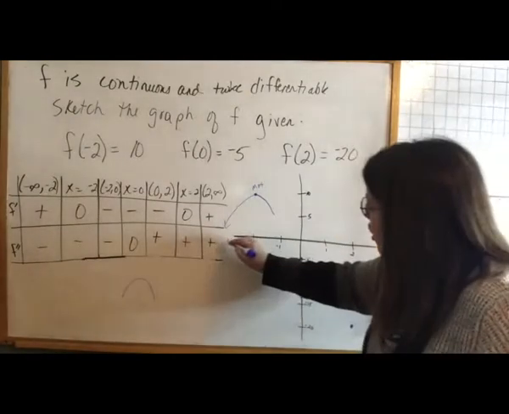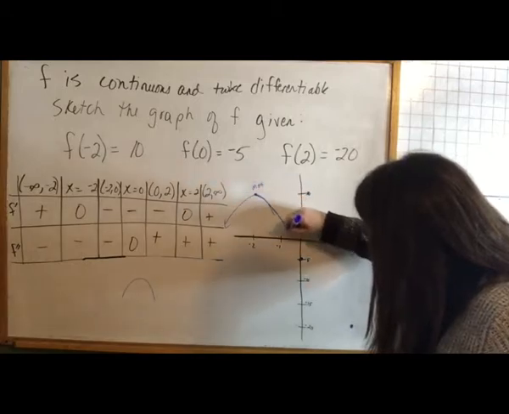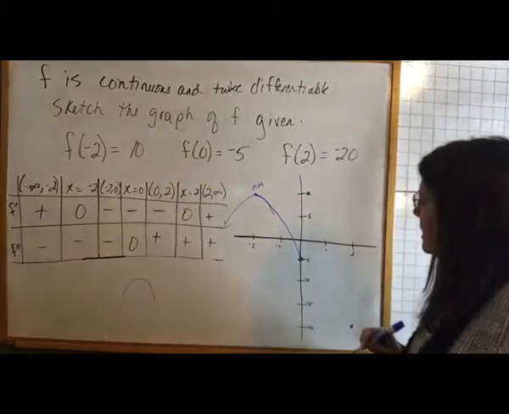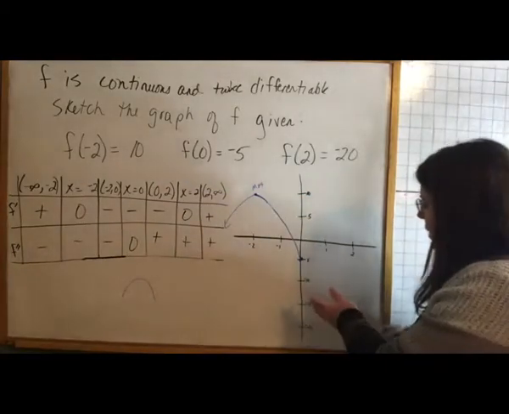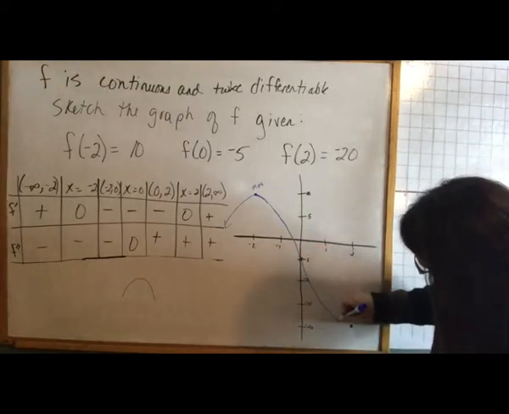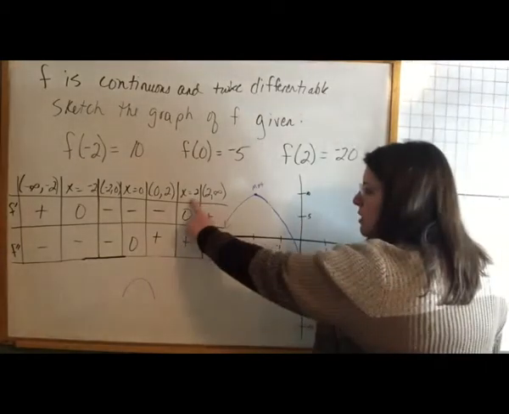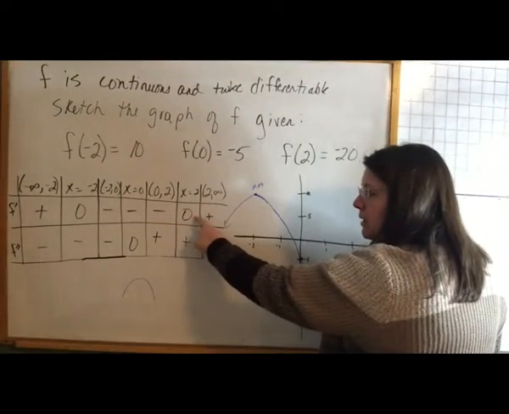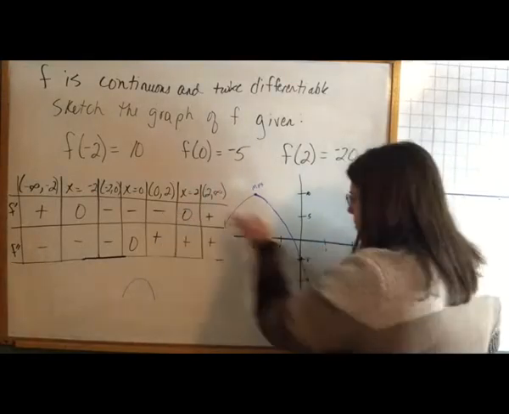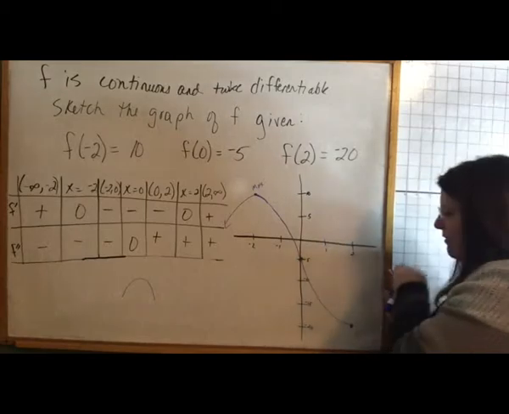So this curve goes down, and it's concave down until we get to that point. And then on the other side of that point, it starts to be concave up. When we get to this point, x equals 2, the slope is 0. Well, the slope goes from being negative to being positive on the other side of that.